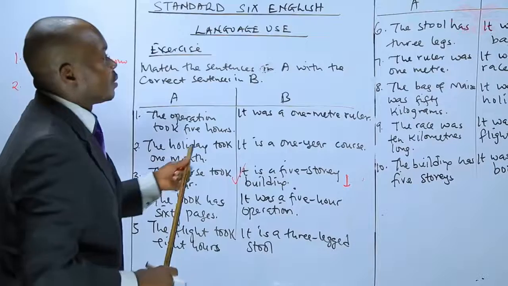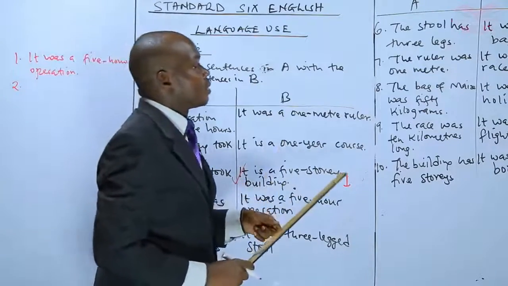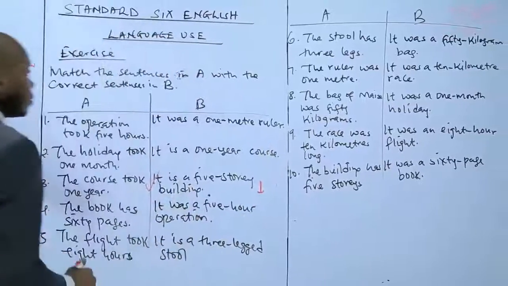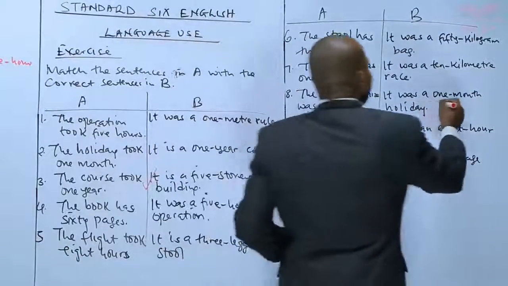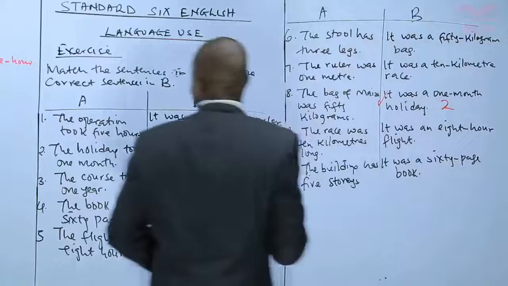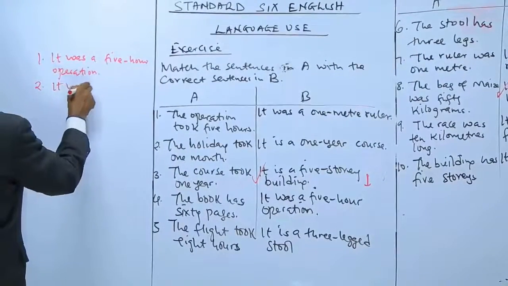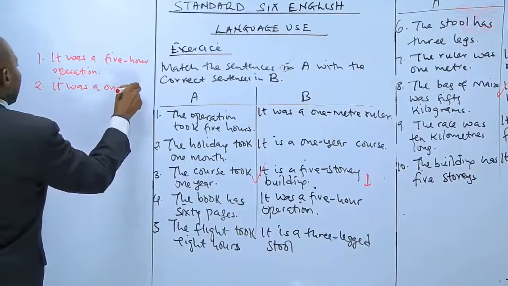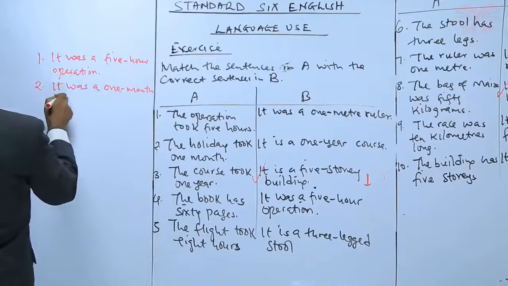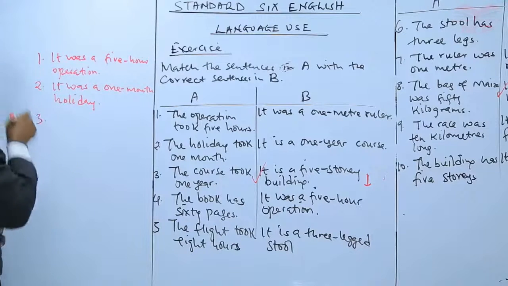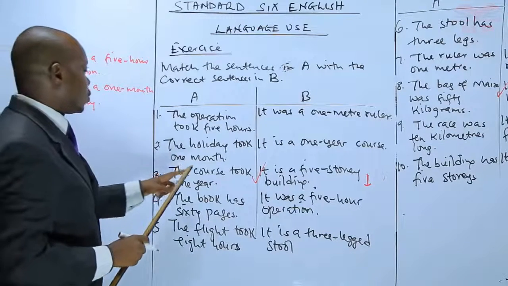So the holiday took 1 month. It was a 1-month holiday. So this is number 2. Number 3, the course took 1 year.